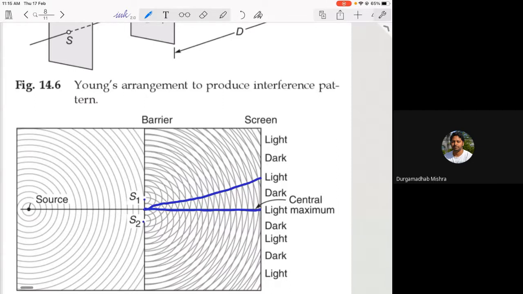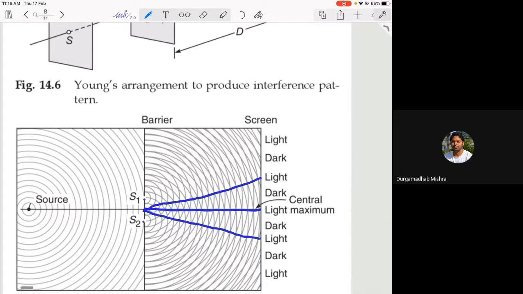Therefore you have a constructive interference, and you see a light or a bright spot on the screen. Now similarly on the other side, in this direction, the same thing is happening. So you see a bright fringe there.